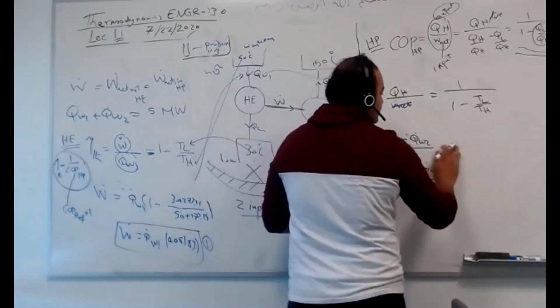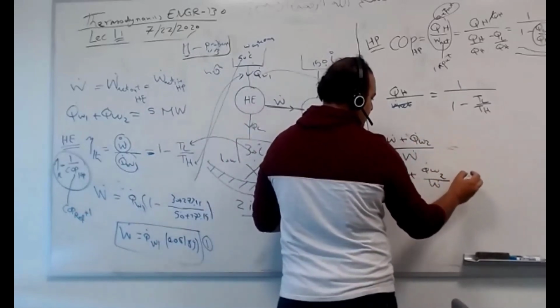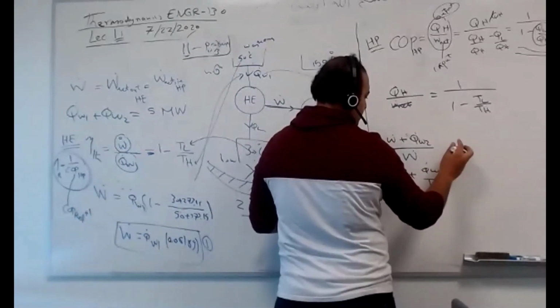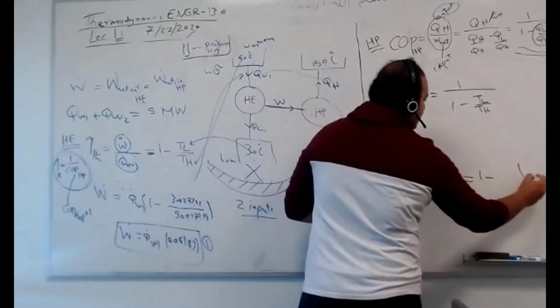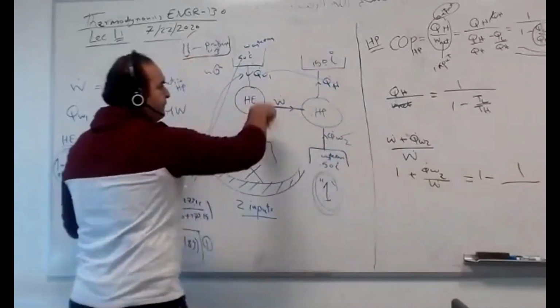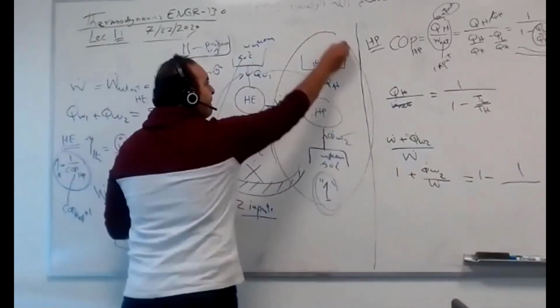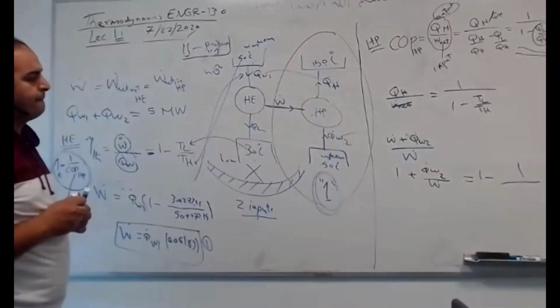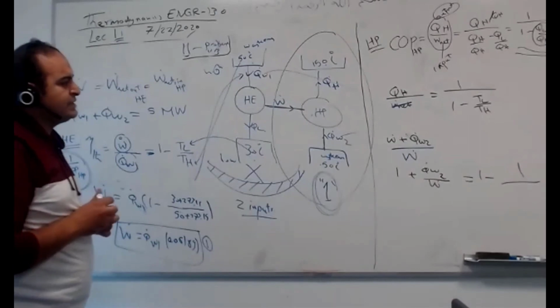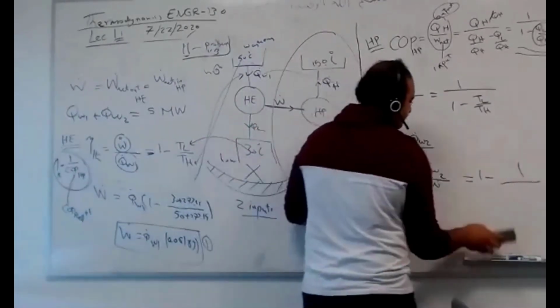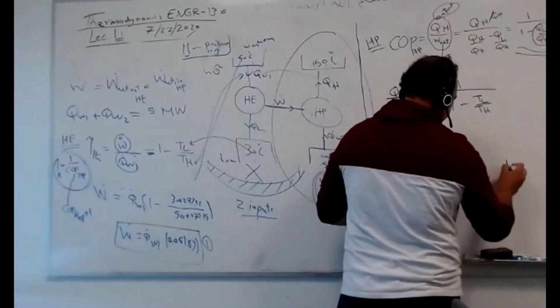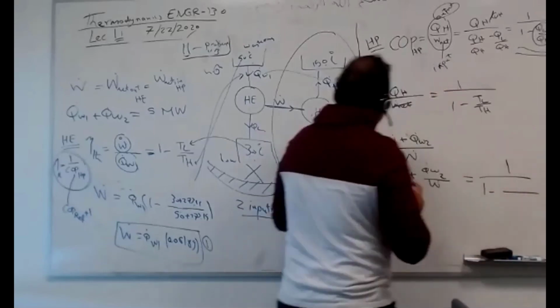Why? Because this guy is equal to 1 minus. What is T low here, guys?